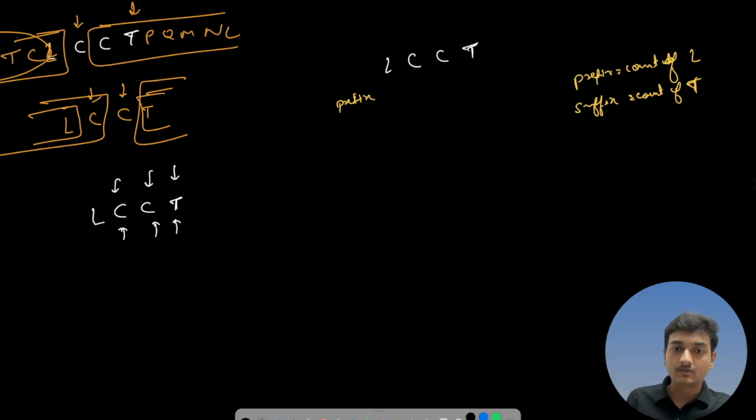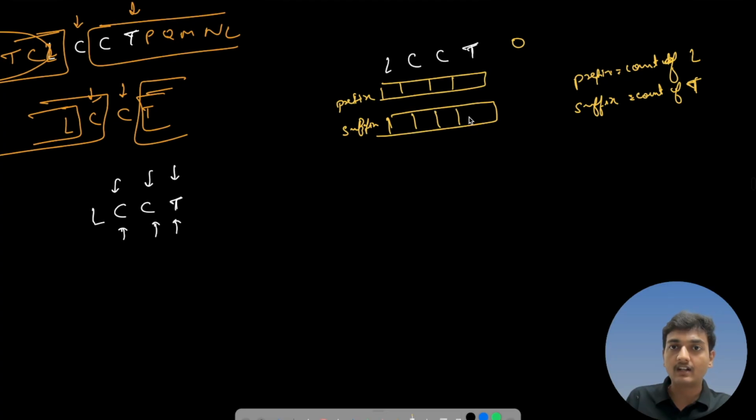Okay, so let's draw a prefix array quickly. Initially all elements will be initialized as 0, and in suffix as well I will be initializing all elements as 0. I'm not writing zeros here. Consider zeros are there initially.